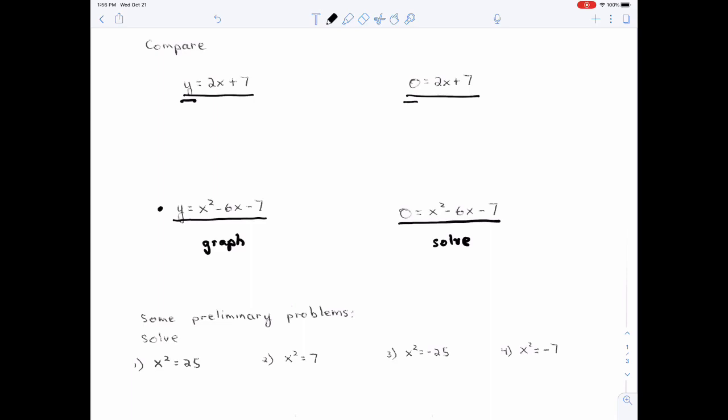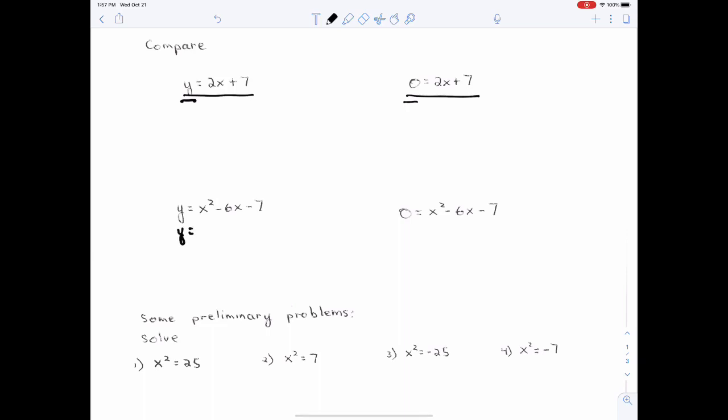So just to show you, this is not what we're doing today, but just to show you how these things differ, what you'd end up with in the first one when you change the form. Now, yes, we can graph it, and that's what we do, but at various times I've asked you to find the intercepts. So when we completed the square for the first one, this is what we got.